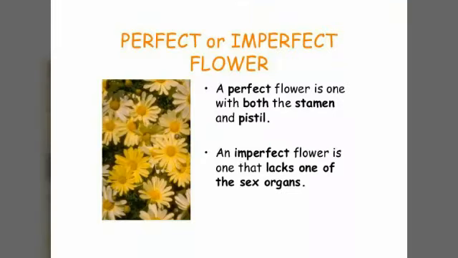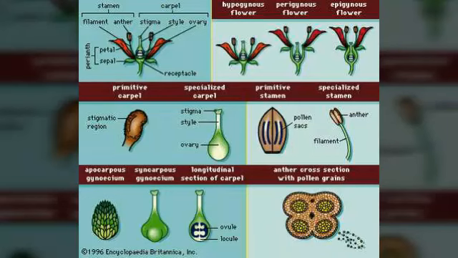The ovary becomes the fruit. A flower which contains all the parts is called a complete or perfect flower, and a flower which does not have all the parts is called an imperfect or incomplete flower.